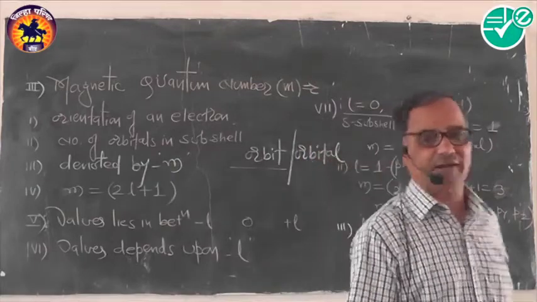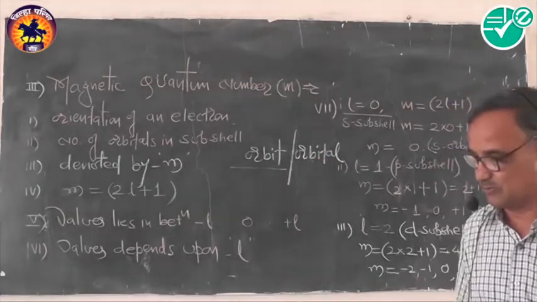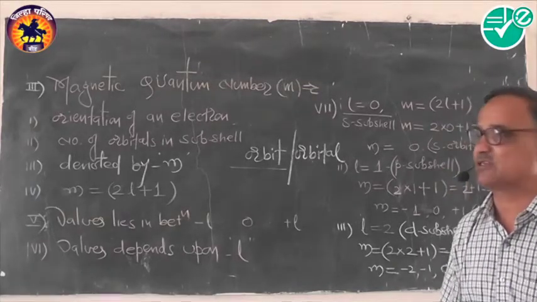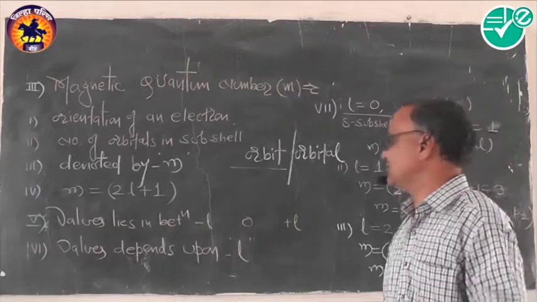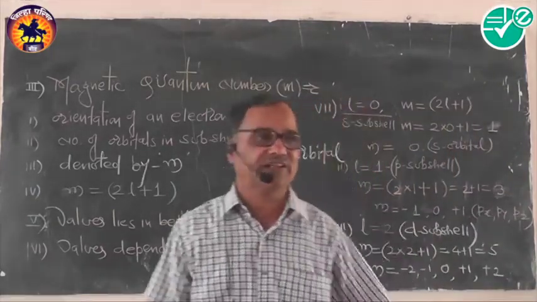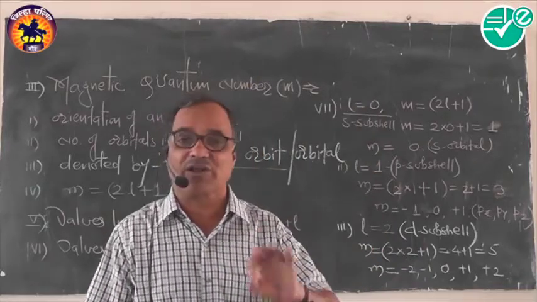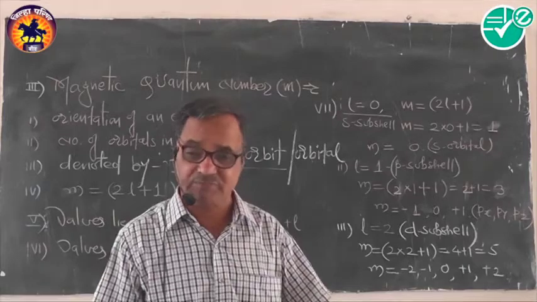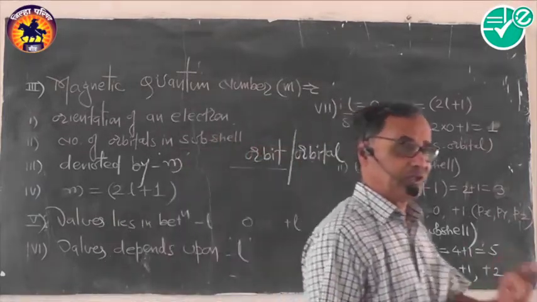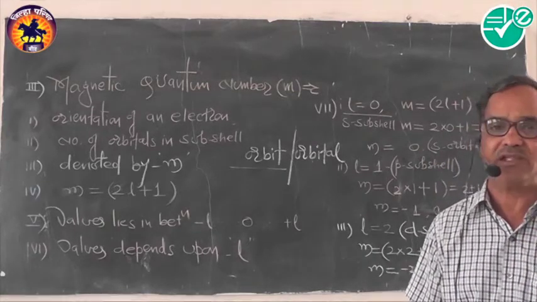An orbital is the space around the nucleus, the space in the main energy level, the space in the sub-energy level. In simple words, an orbital is the space or region in the sub-energy level around the nucleus at which there is a maximum probability of finding the electron.